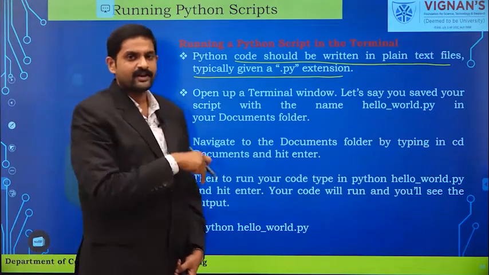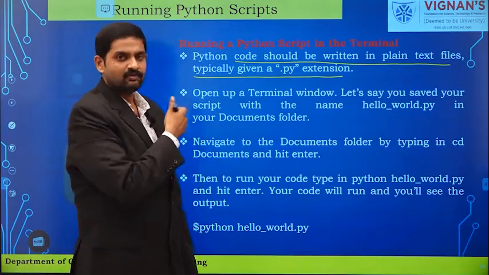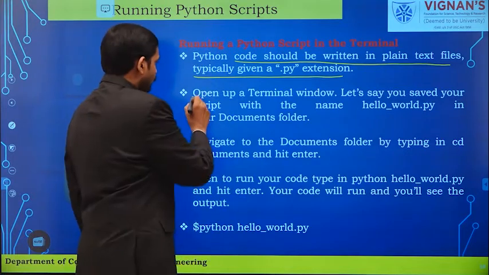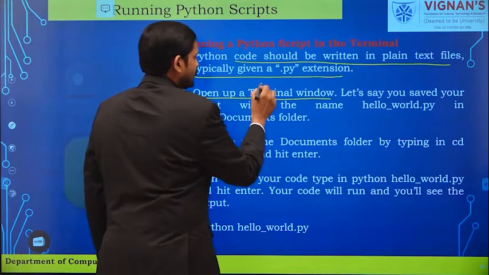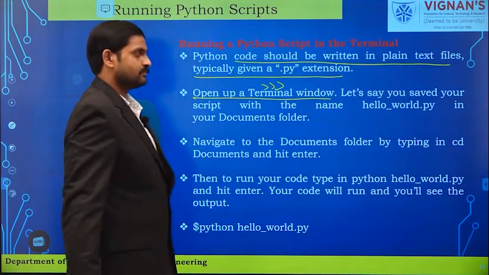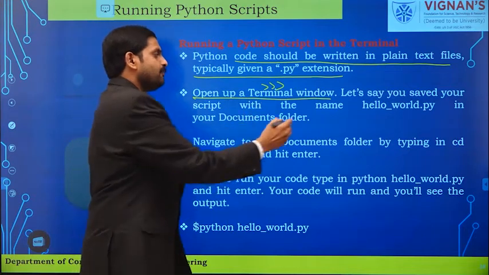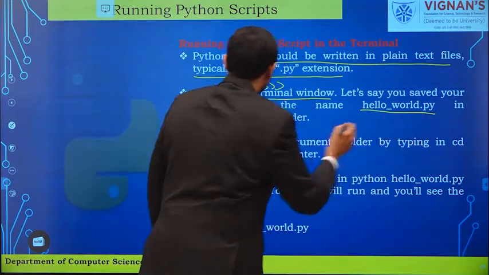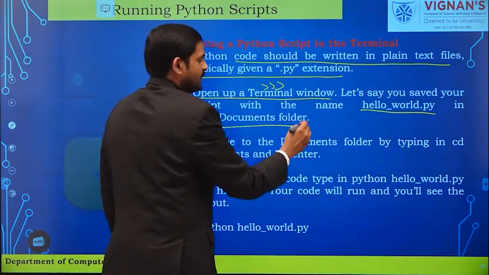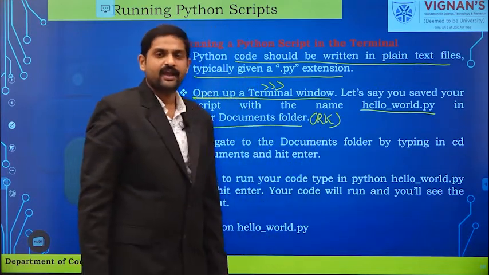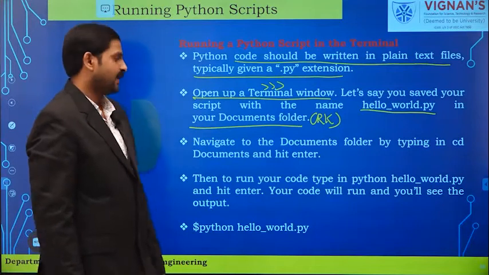We have written the sample code with the .py extension. Open up the terminal, nothing but this one. Save your script with the name helloworld.py in your documents. Here our document folder is RK.